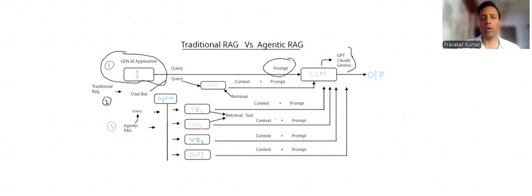So for a simple example, if the user is asking a query like what is the capital of India? This type of information is available in the LLM. The LLM has been trained on this information. So the LLM will provide the answer that the capital of India is Delhi.